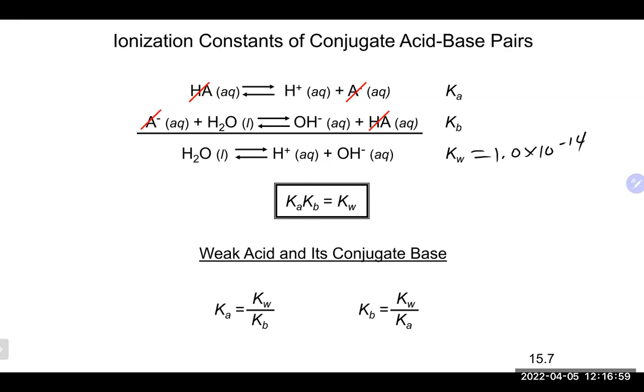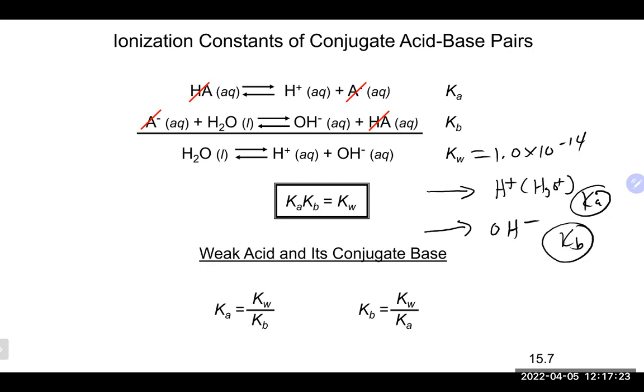This is also what I was talking about a second ago: in your correct equation, 100% of the time, if you see H plus or H3O plus on the product side, you definitely should be using a Ka value. And if you see hydroxide on the product side, you definitely should be using a Kb value.